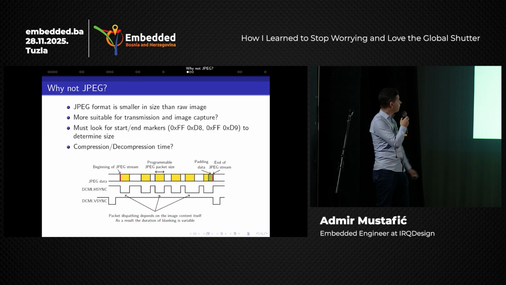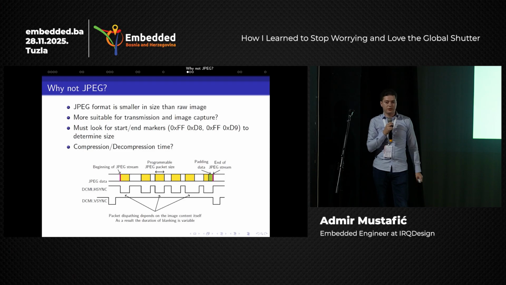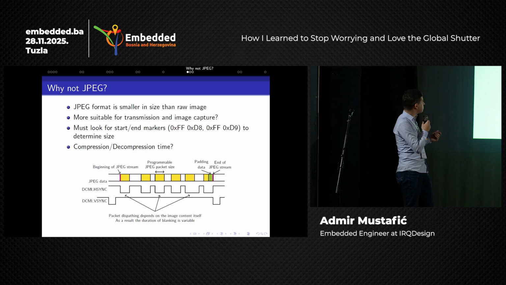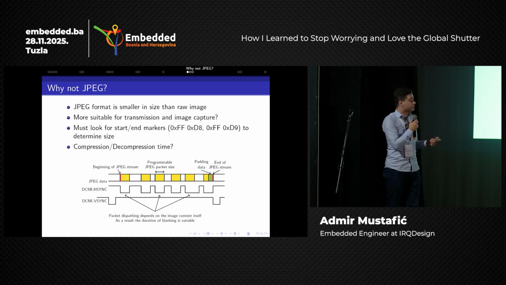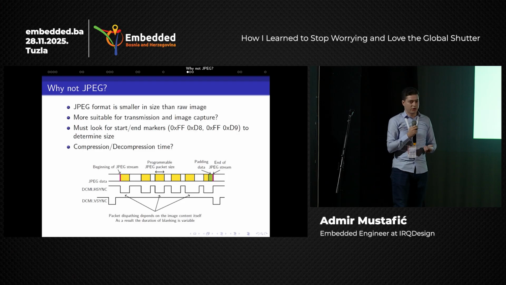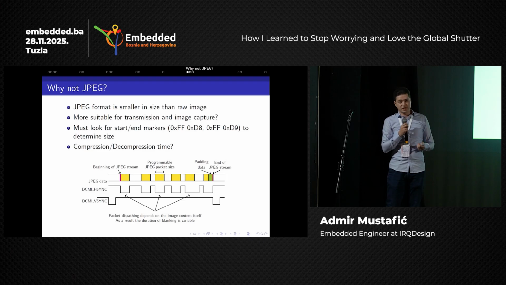So, the DCMI peripheral and the camera itself have the capability to capture JPEG images. JPEG images in themselves are smaller in size than raw raster images, and they are more suited for transmission via the Ethernet, so that saves us a little bit of time.